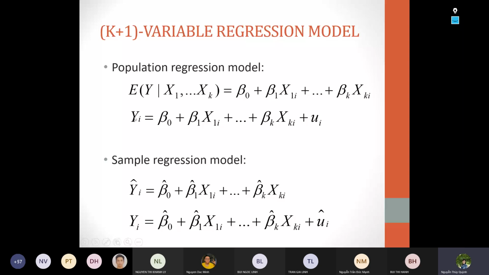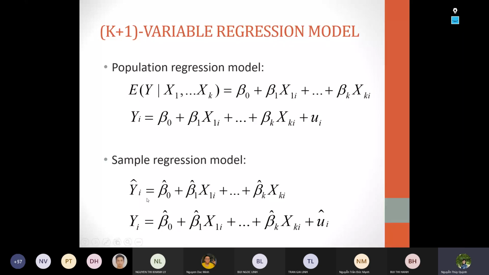We can also write the population regression model in the stochastic form. The observed value of y is equal to the conditional expected value of y plus ui, where ui is the disturbance of the model. The corresponding sample regression model is here.